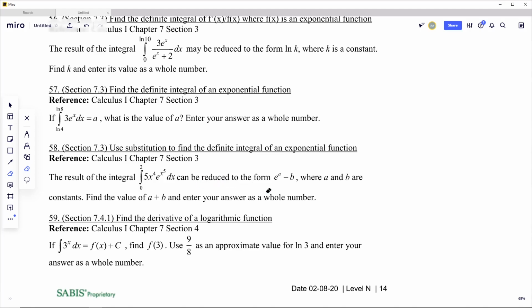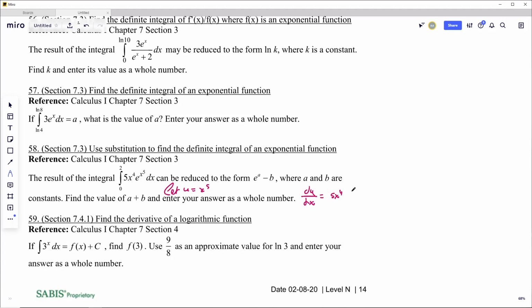But if you don't see that, no problem, let u equal x to the power 5. So du over dx, because we're working with x, equals 5x to the power 4.